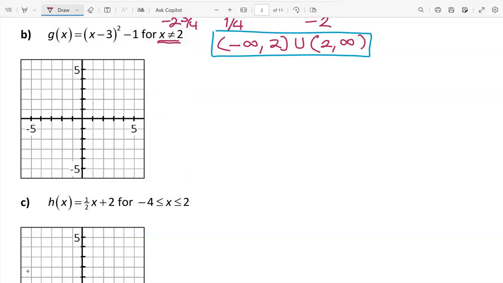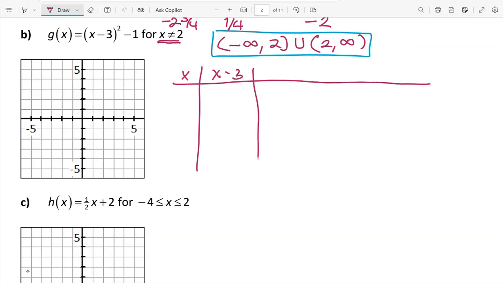Let's create a table of values for g of x. So we're going to plug in our x values, and then we're going to subtract 3. And then we're going to square that value. And finally, subtract 1 from that.